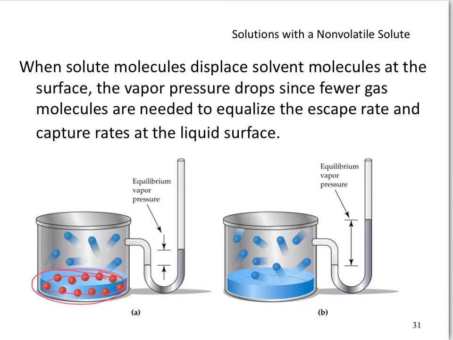Or another way to say the same thing is that the vapor pressure is lesser because fewer gas molecules are present in the vapor form. And when you measure that against the manometer, that difference comes out to be tinier as compared to the pure solvent.